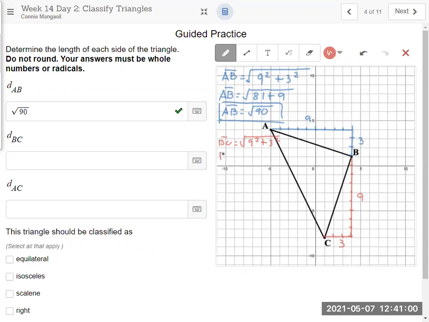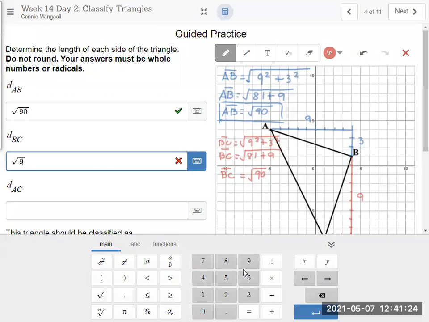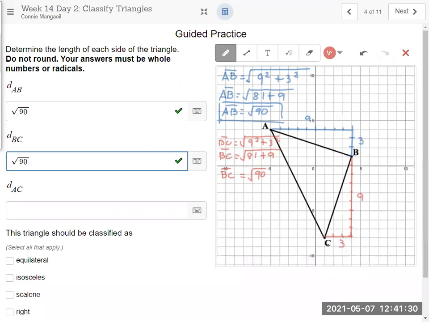So we get BC equals the square root of, notice that they are the same, right? 81 plus 9. So our BC is also equal to the square root of 90. Good so far?